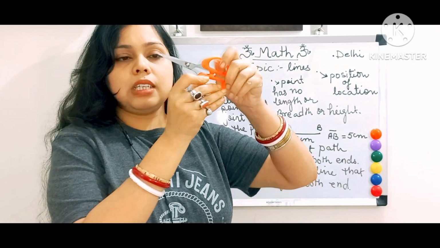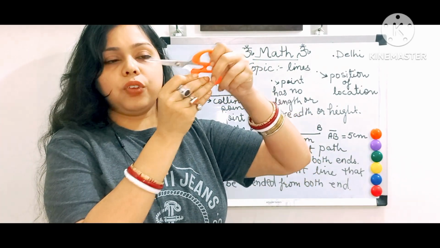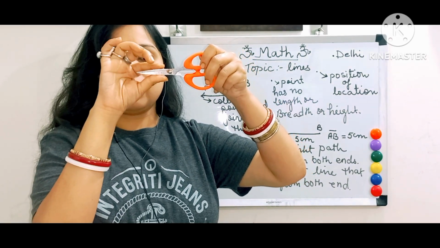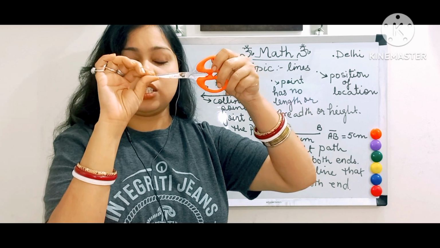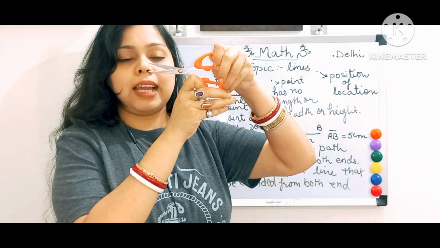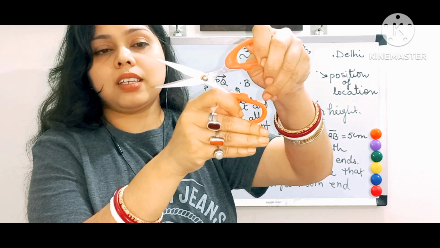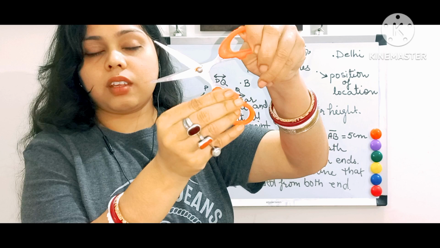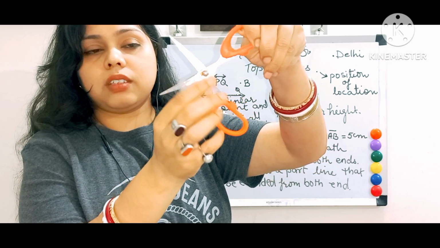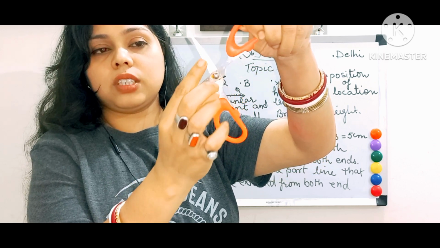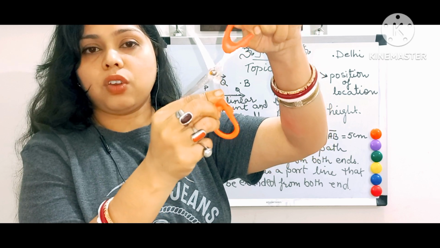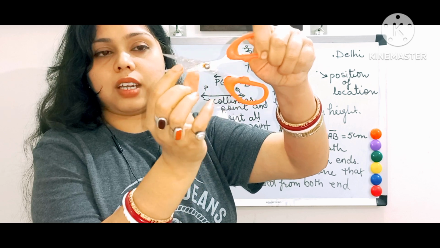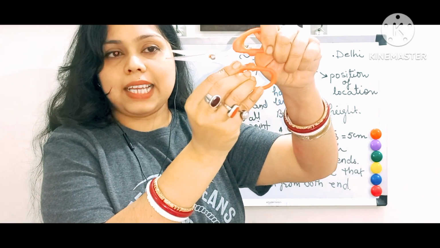When you open the scissor, now you are seeing that both blades are one over the other. Okay, it is overlapping with each other, but when you open it like this, you are getting an arc, and you see that it is getting wider, and when you close the scissor, the arc is getting smaller.